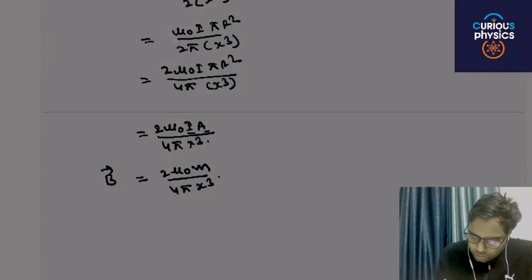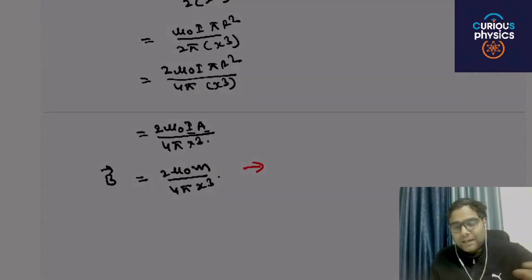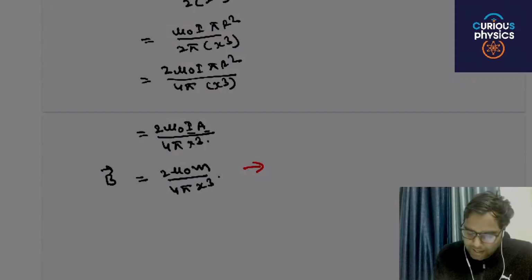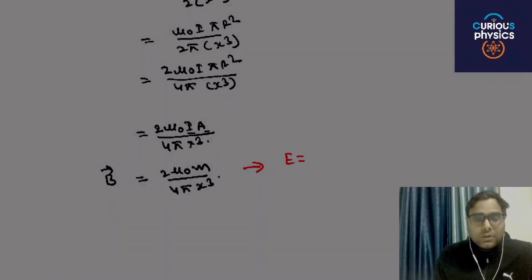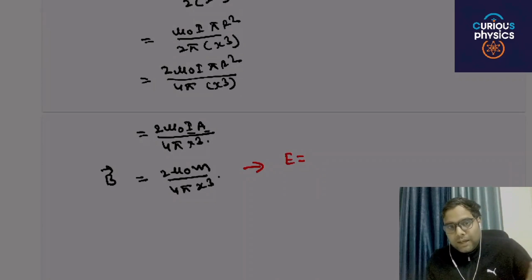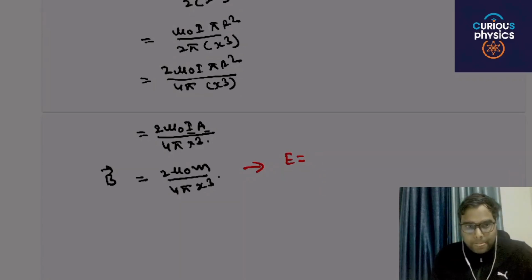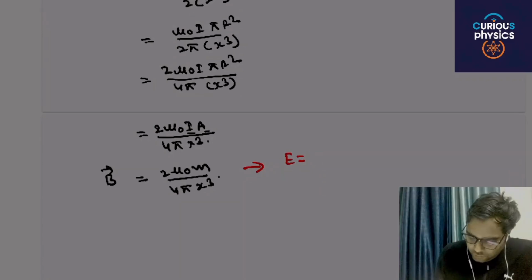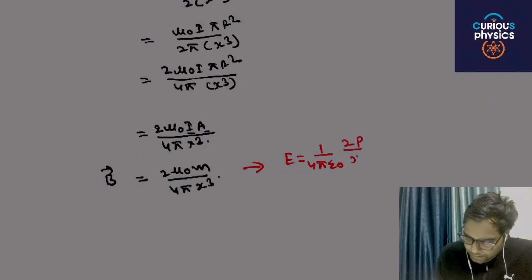Now try to relate this with the electric field. You know that the electric field on the axis of a dipole at a distance x is 1 by 4 pi epsilon naught times 2p by x cube.